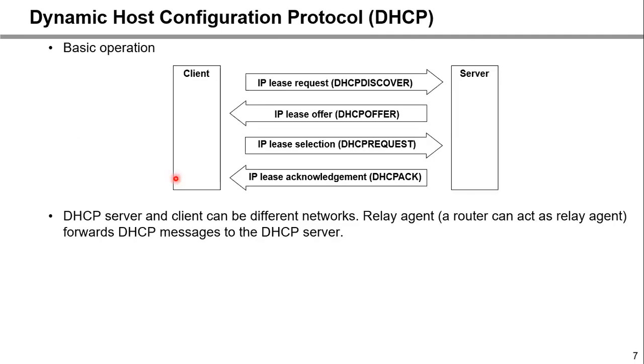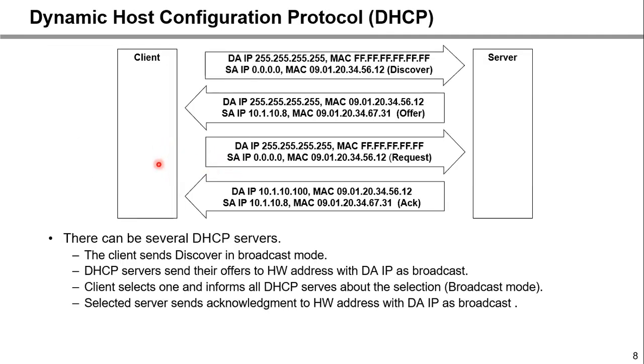That IP address is accepted, but it is not assigned yet by the server. You are just accepting it. As it is not yet assigned by the server, you mention the source IP address as 0.0.0.0. The source MAC address you mention as it is.